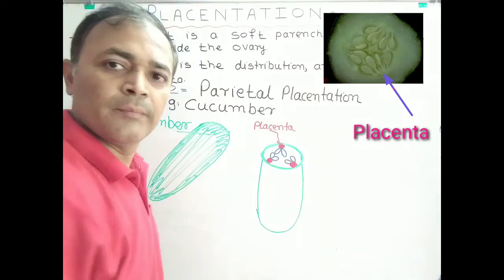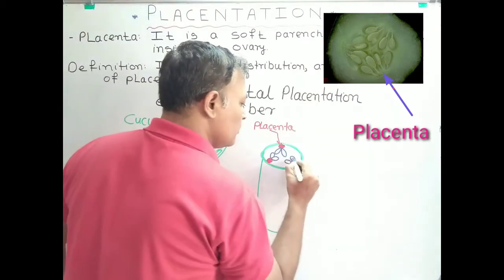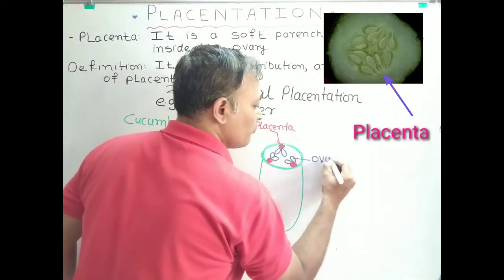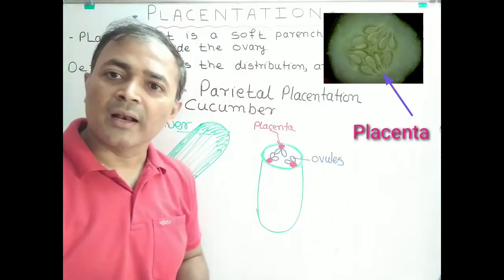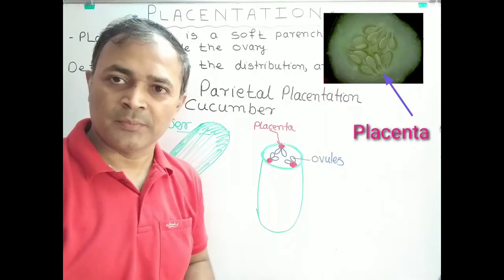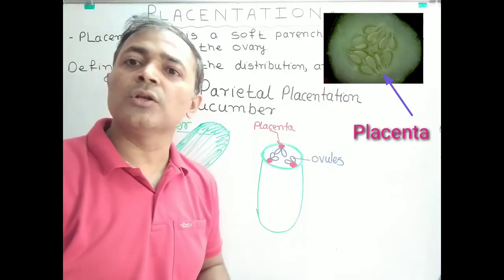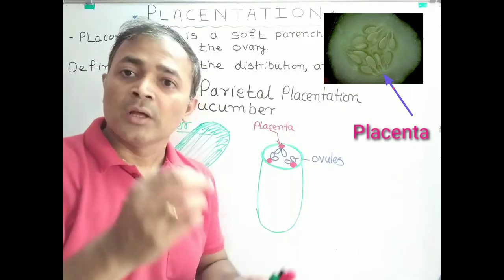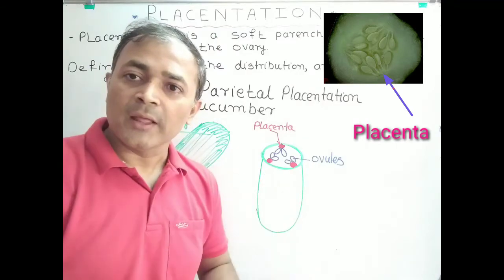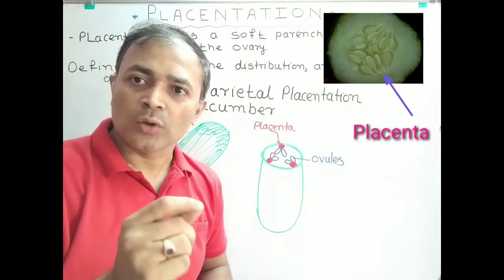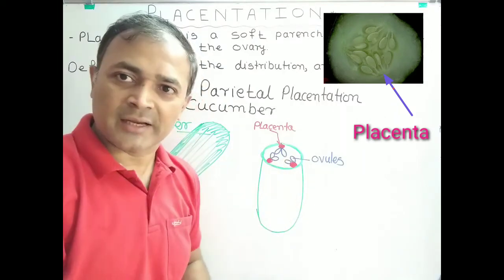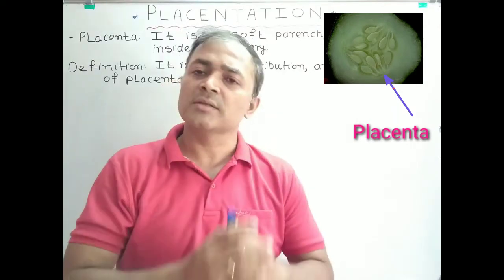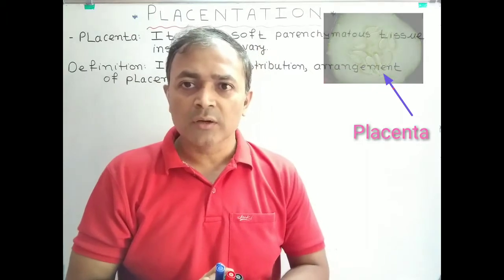Okay. This is called as parietal placentation. In parietal placentation also, the ovary is unilocular. That means there is a common chamber inside. Parietal placentation is seen in many of the flowers.